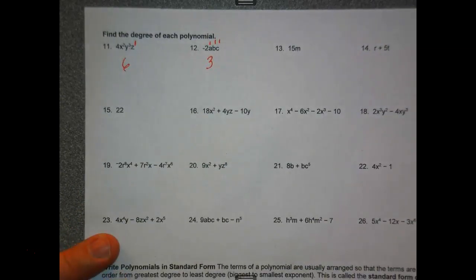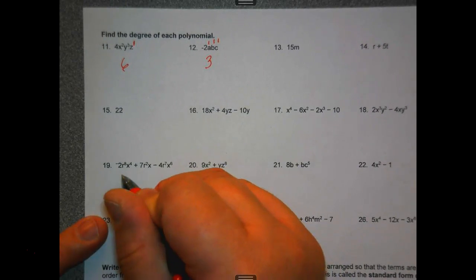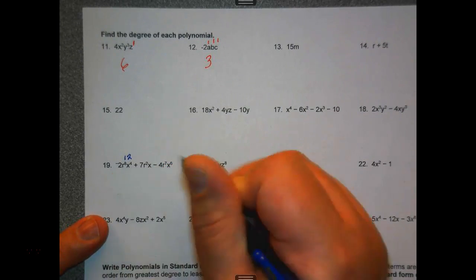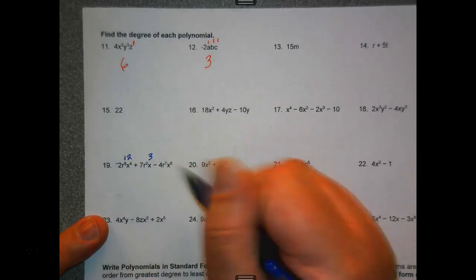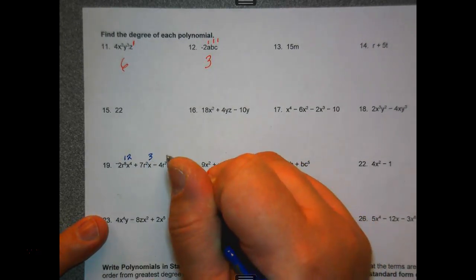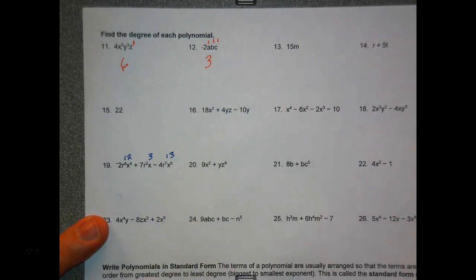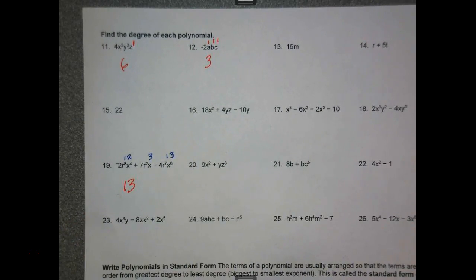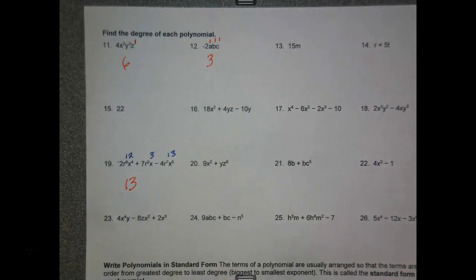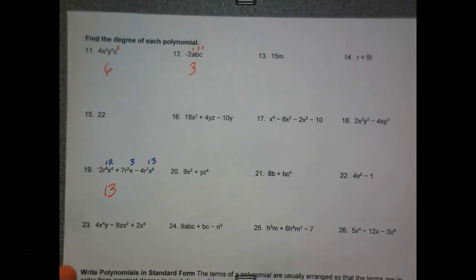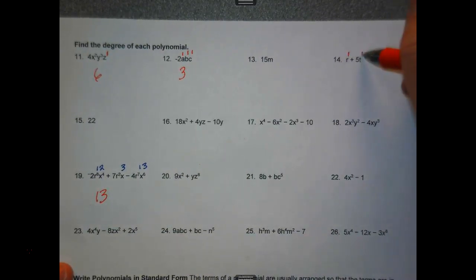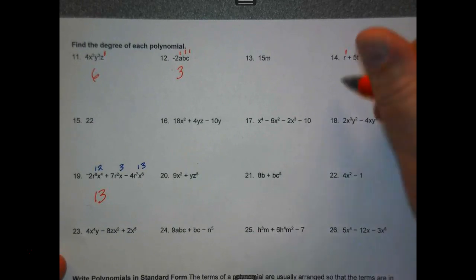I think you guys can figure the rest out. 8 plus 4 is 12. 2 plus 1 is 3. 7 plus 6 is 13. So this is 13th degree. 14. Okay, so this is a 1. This is a 1. So what's my highest degree?